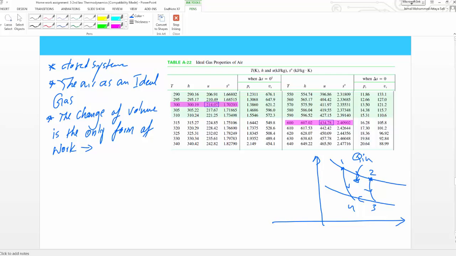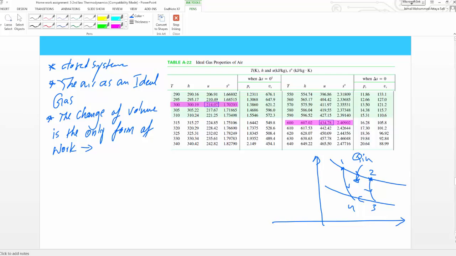We know the efficiency is 50%, so that's going to help us also in calculating some of the unknowns. And let's start with process 1 to 2, for example. What can we find there? In process 1 to 2, we can find T2.